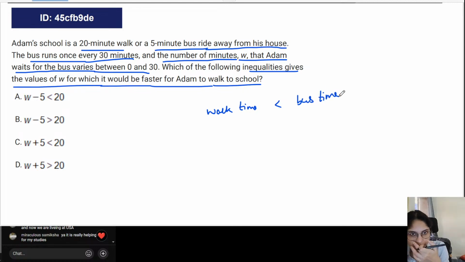That is when it will be faster, right? So 20 has to be lesser. Walk time is 20 minutes. So faster means your time should be lesser, and speed is higher. Sometimes there will be a question related to speed.